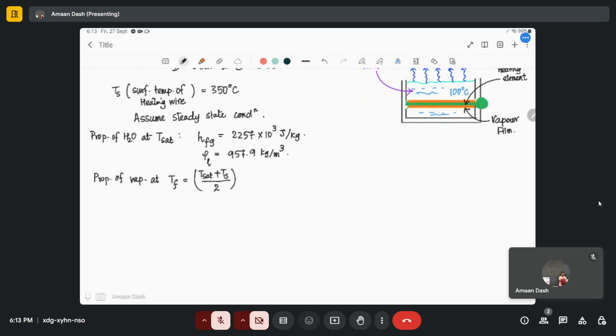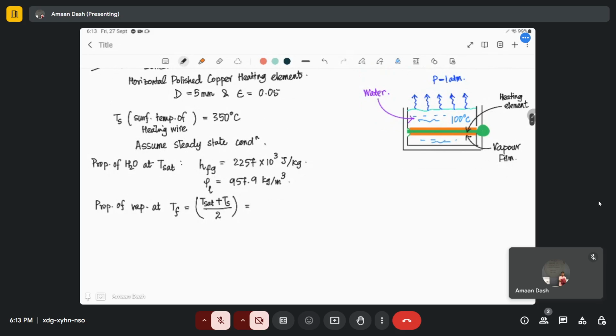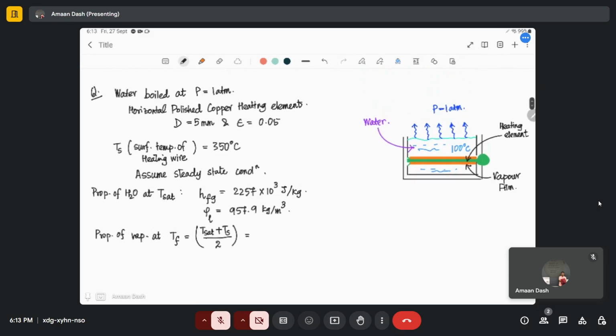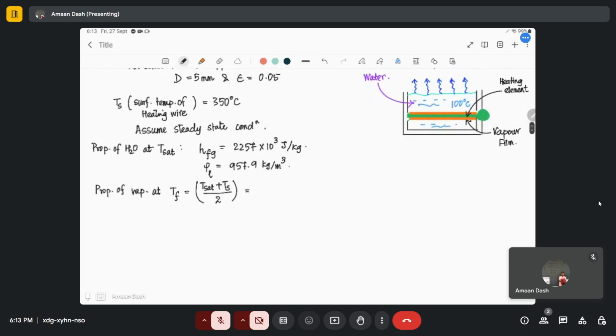So this is the average temperature, which is 225 degrees Celsius.